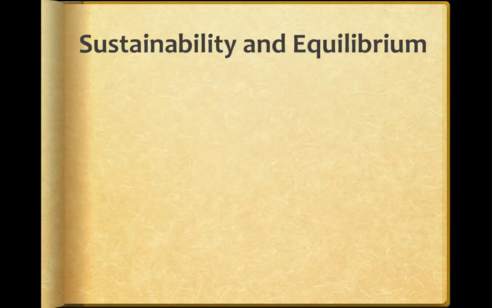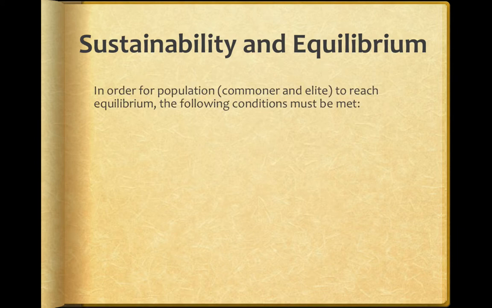So one of the things that is important to consider in this work is the concept of sustainability and equilibrium, and essentially these two concepts at some level tend to be equivalent. The idea is that in order for population, both commoners and elites, to reach equilibrium, to reach a value that is not zero, so it's not collapsed, that is sustainable over time, there are a number of conditions that need to be met.